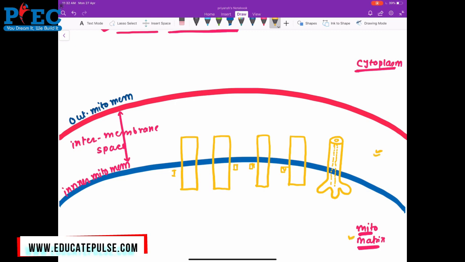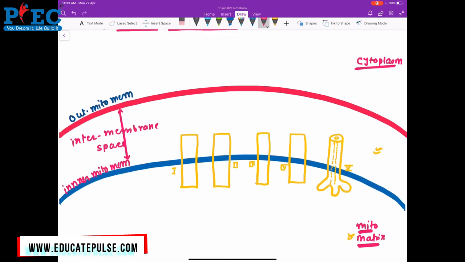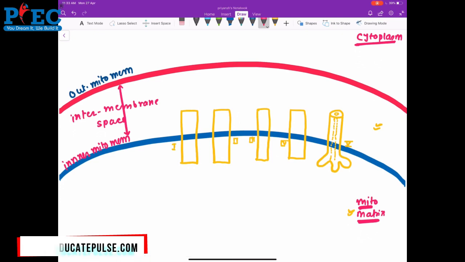Now we will see how the energy of NADH and FADH will be converted into ATP via this series of enzymes placed on the inner mitochondrial membrane.